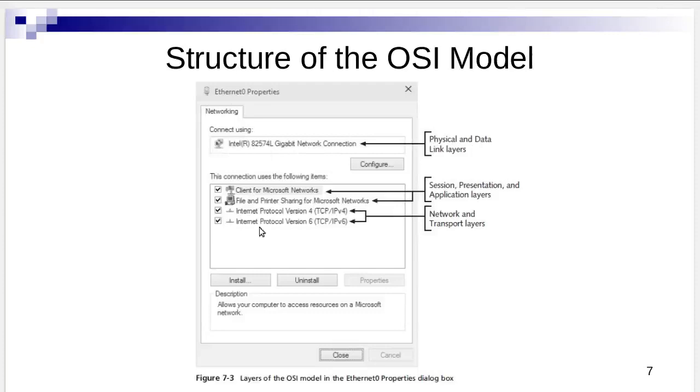You will have things like IPv4 and IPv6. That is the network layer and the transport layer, so this is for both TCP and IP. So it's in both network and transport layers. And these other protocols above it can be in either the session, presentation, or application layers.